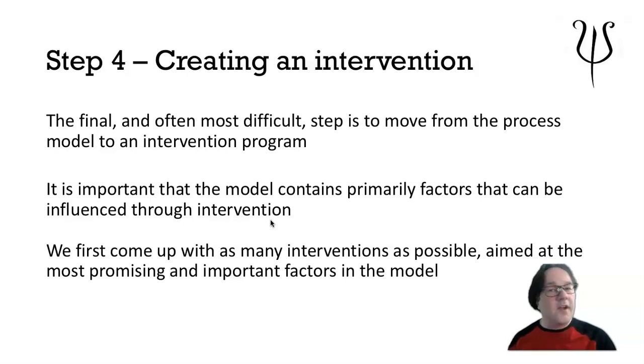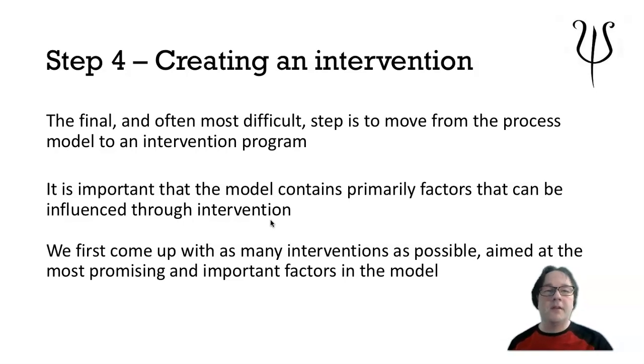So it's the final and often the most difficult step, and that's to move from the process model to an actual intervention program. It's important that the model contains primary factors that can be influenced through intervention. We already said that, right? We want to include things in that model that we can actually change, that we can actually do. Now, changing somebody's belief in a just world, that can be difficult, right?